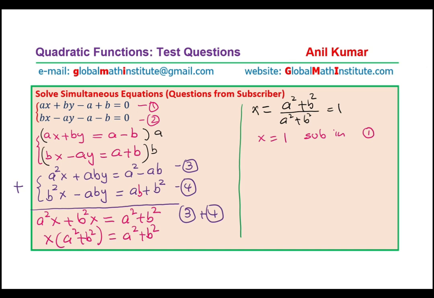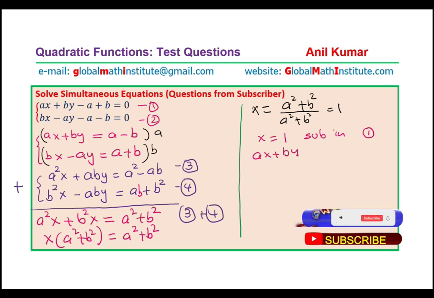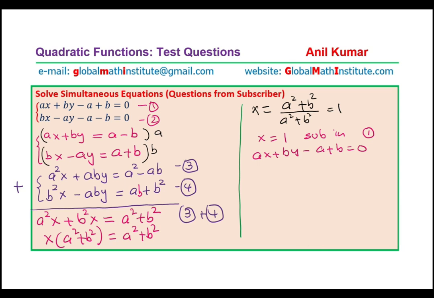So the equation is ax plus by minus a plus b equals 0. I didn't label the other two where I could have substituted, right? So ax is a, so we get a plus by minus a plus b equals 0. Now a minus a is 0, so we get by plus b equals 0.